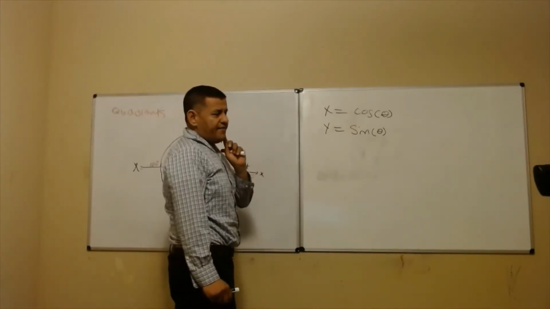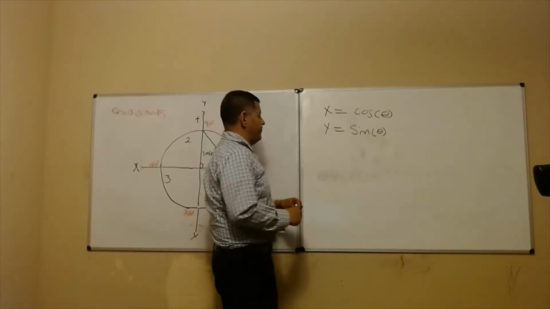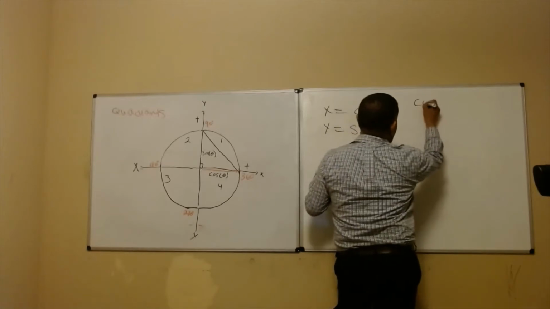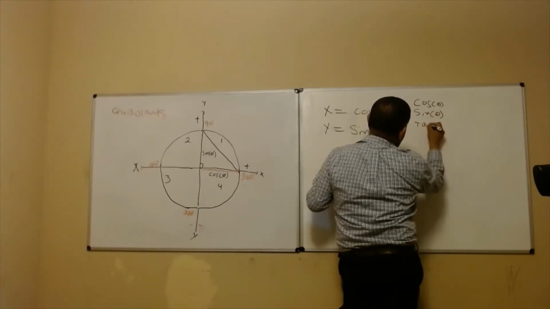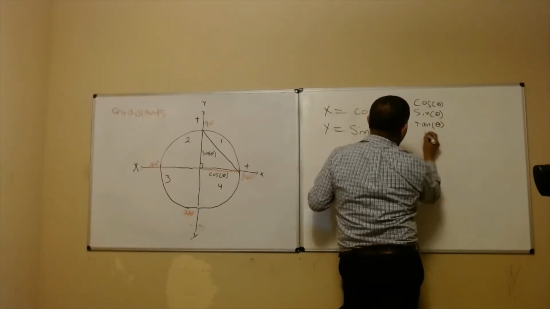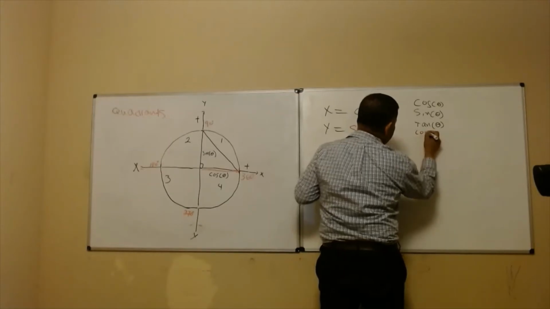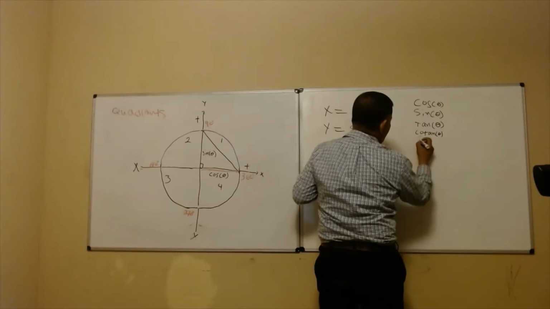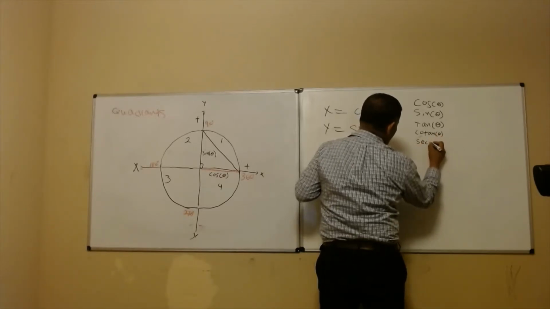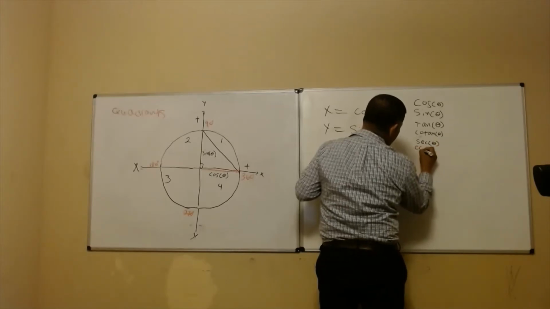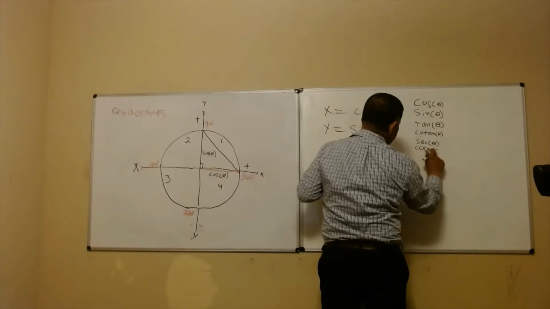But altogether, we have 6 different functions: cosine of theta, sine of theta, tangent of theta, cotangent of theta, secant of theta, and cosecant of theta, right?